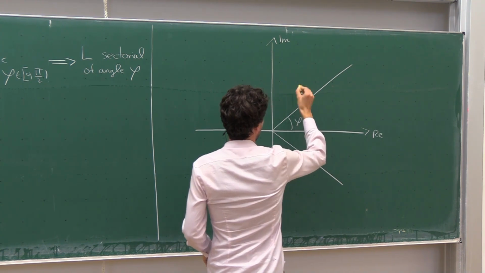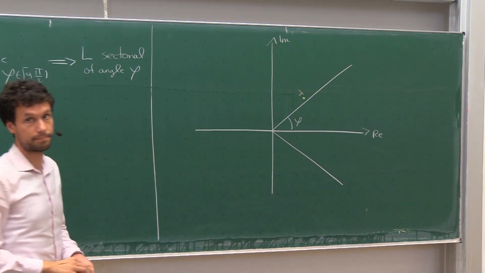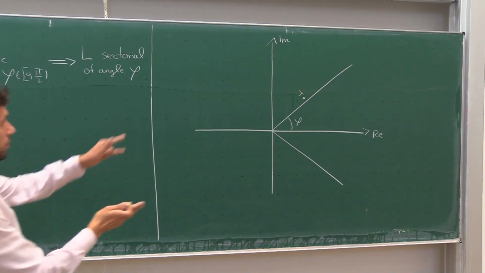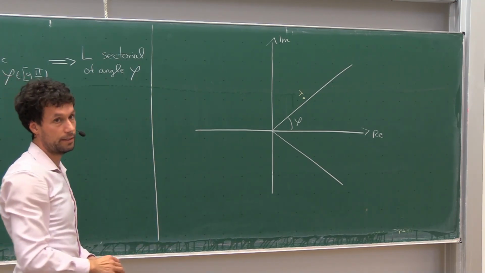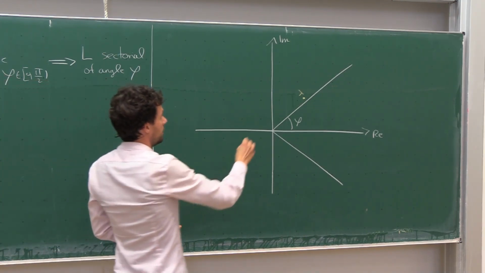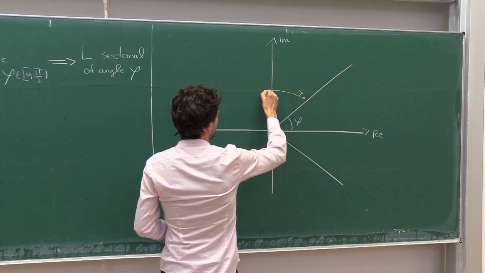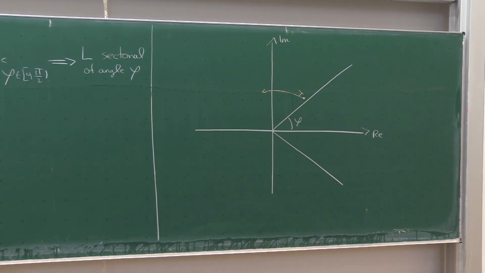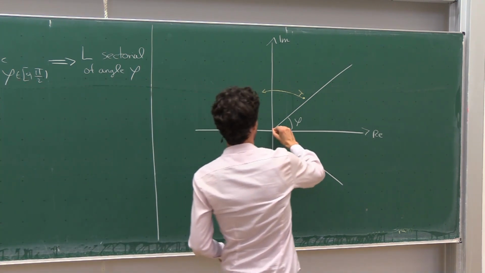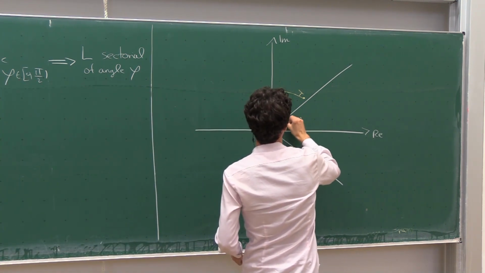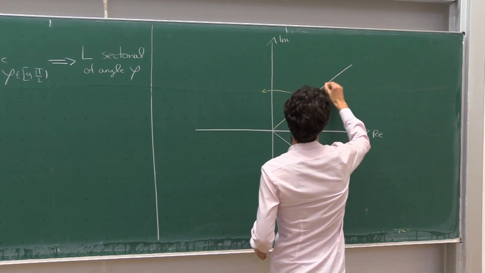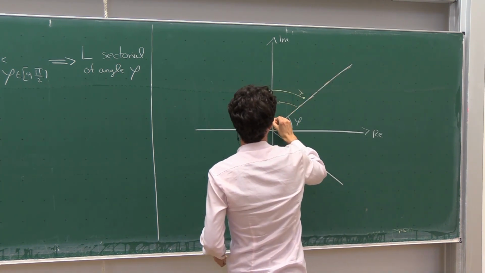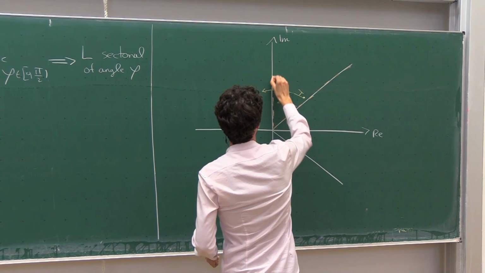if I'm sitting outside of this sector, I can try to rotate the whole thing in a way that this point moves to the other side, and in a way that this dotted line under the rotation goes here.